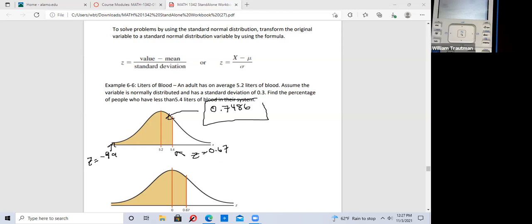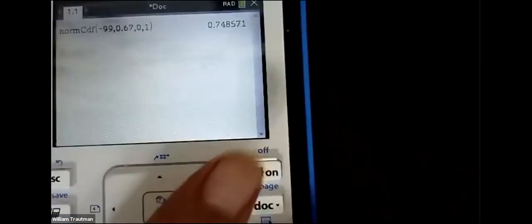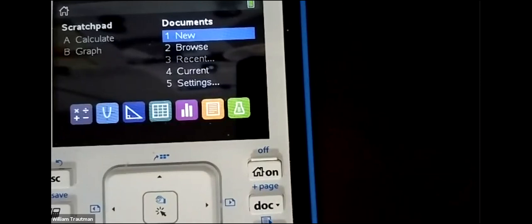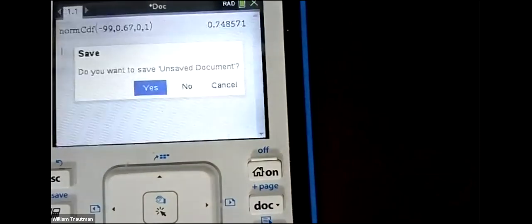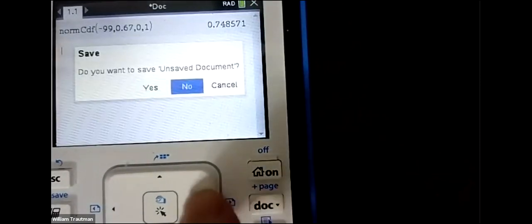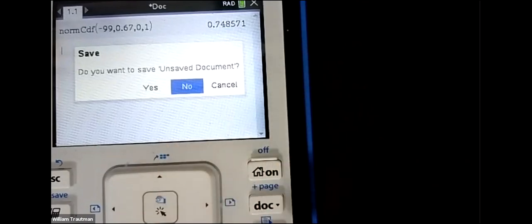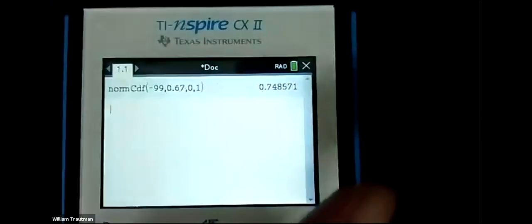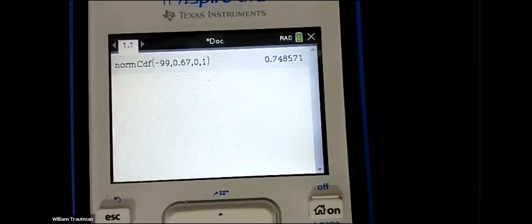There's another way of doing this on our calculator, and some of you might have figured it out already.